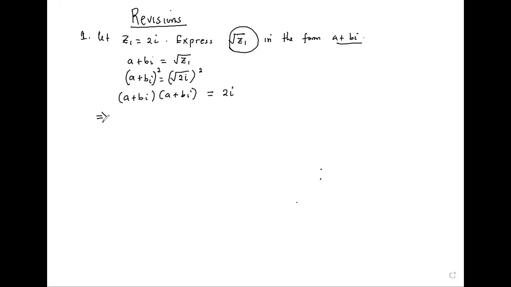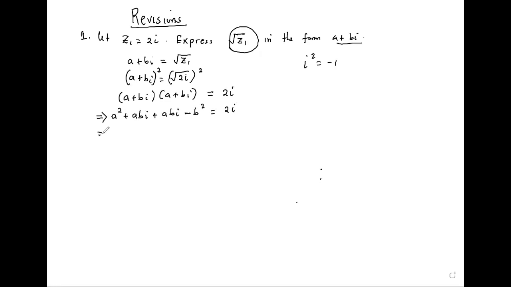So we have a times a is a squared, plus abi, plus abi, minus b squared, equal to 2i. So minus b squared, because i times i is equal to -1. So don't forget, i squared is equal to -1.